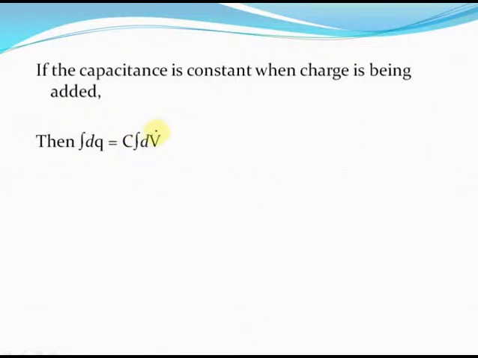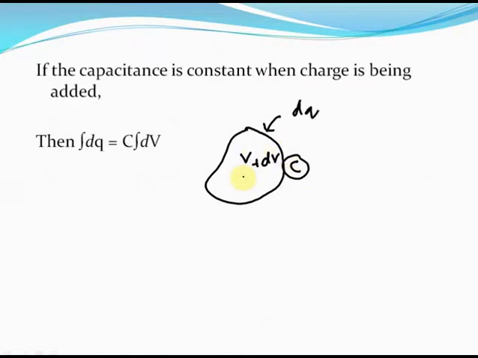So now when there's this body here, say this one, at a potential V, in that case, when we keep on adding a charge dq to this body, so that its potential becomes V plus dV and then it keeps on increasing like that, the net capacitance of the body is assumed to be constant in this process. So we generally assume that the capacitance does not change when charge is being added to the body, isn't it? After all, as we just discussed, capacitance is the intrinsic property of a body, so we can assume capacitance to be constant.